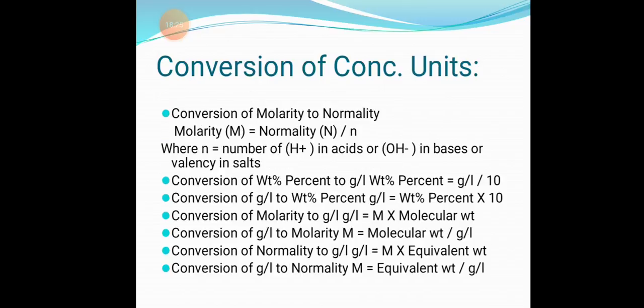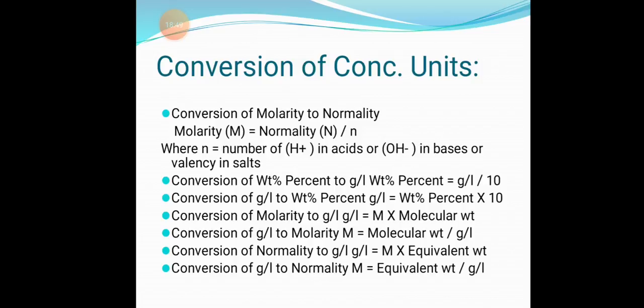Conversion of normality to molarity: molarity = normality N divided by n, where n is the number of H+ ions in acids, OH− ions in bases, or valency in salts. Conversion of weight percent to gram per liter: weight percent = gram per liter / 10. Conversion of gram per liter to weight percent: gram per liter = weight percent × 10.